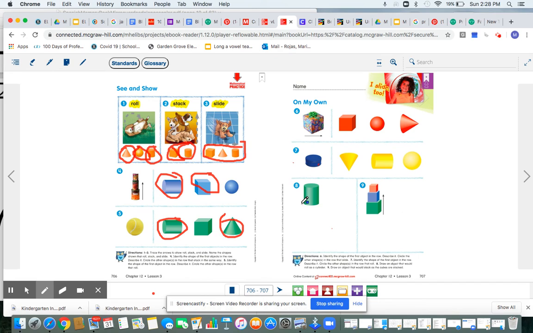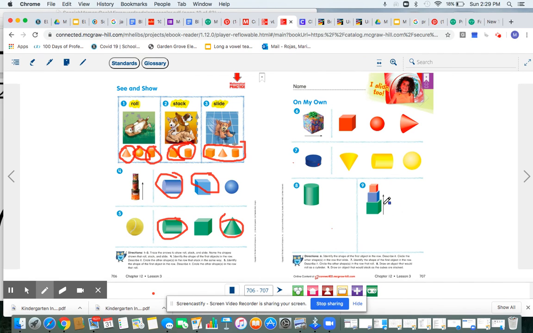Number 8, draw an object that rolls as a cylinder. So draw something that is the same as a cylinder. Draw an object that will stack up in the cubes.